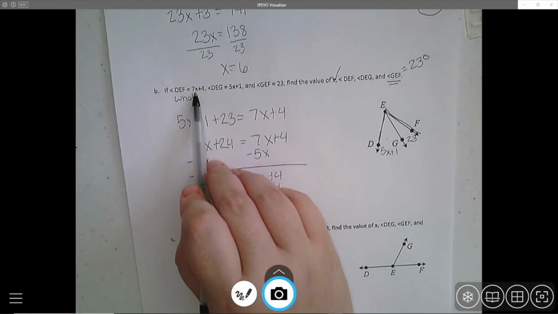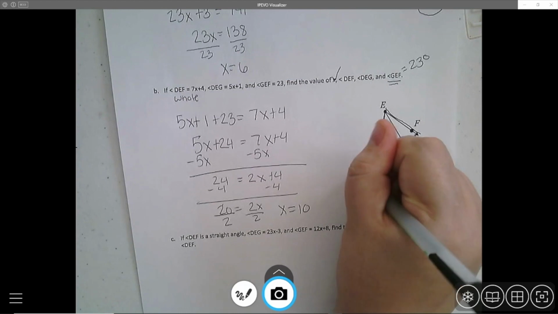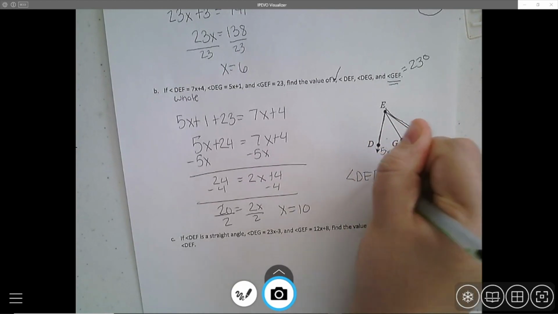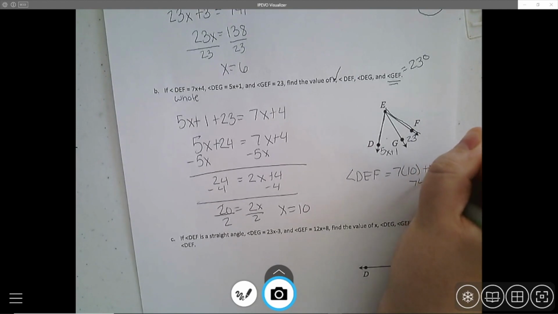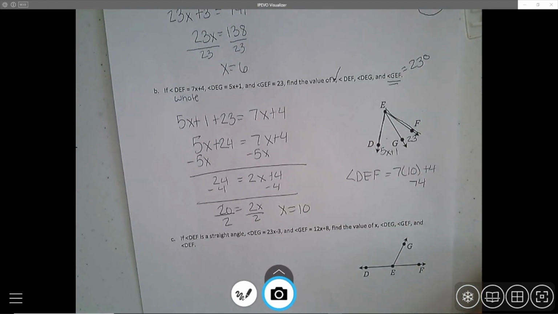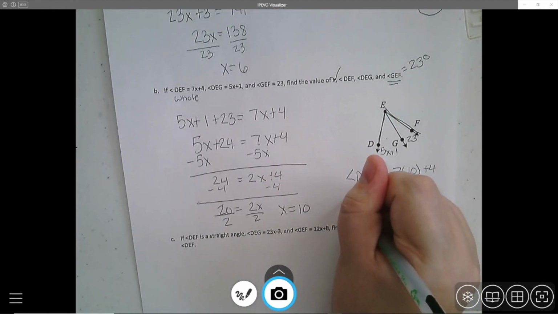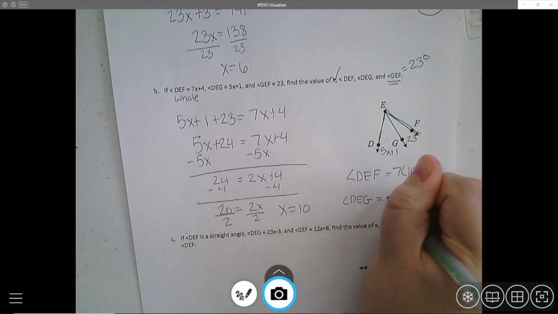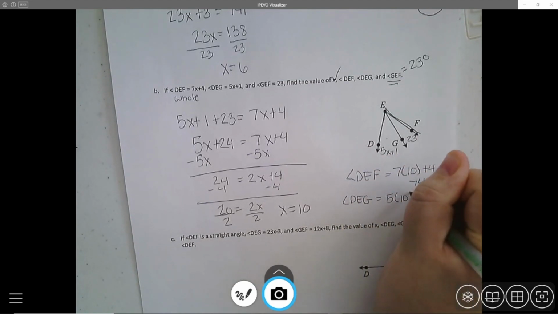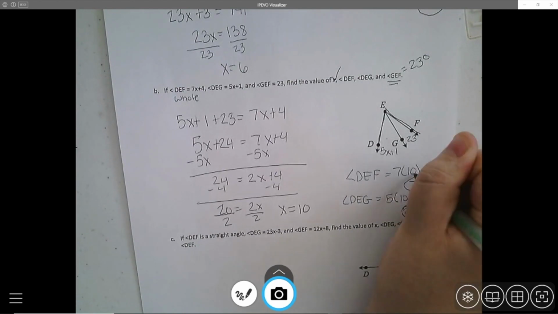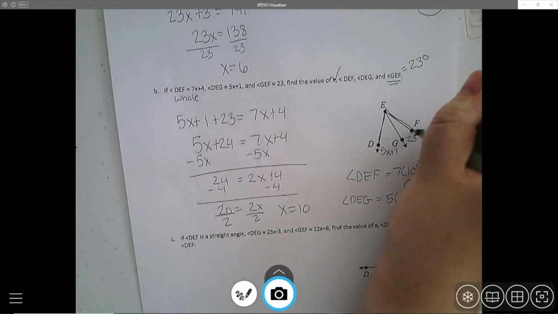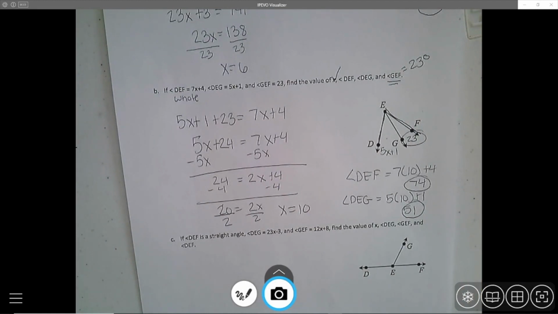DEF is the 7x plus 4, so angle DEF would be 7 times 10 plus 4, that's 74. Angle DEG is 5 times 10 plus 1, and that's 51. Okay, and there are my pieces of information. I have x and all the angles.